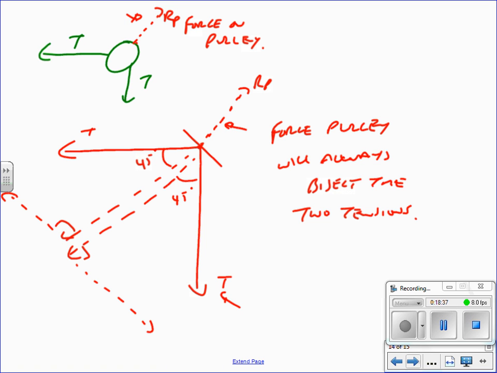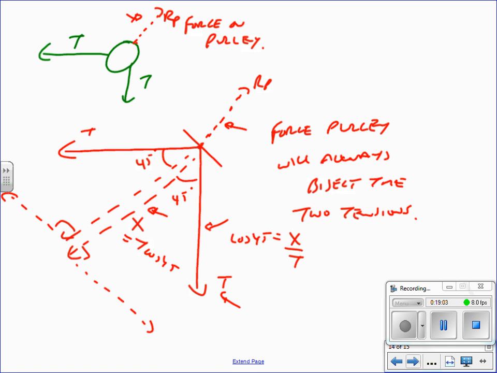So the force in play is this one here, which is the one next to the angle, so this is cos. Cos 45 is the component that I want, which is x, over the hypotenuse, which is T. So therefore, that x must be T cos 45.